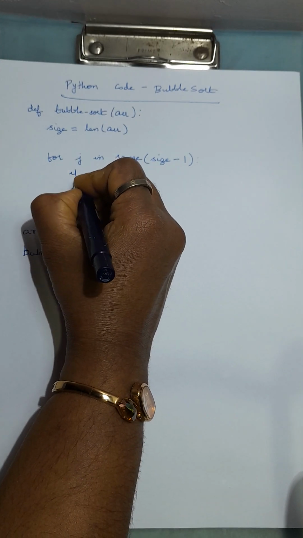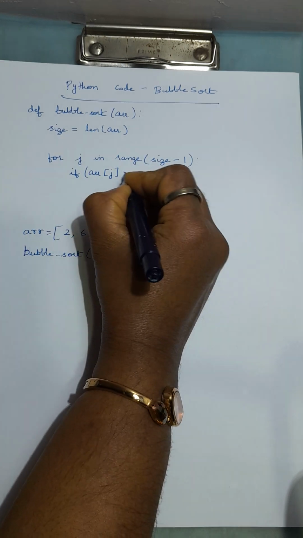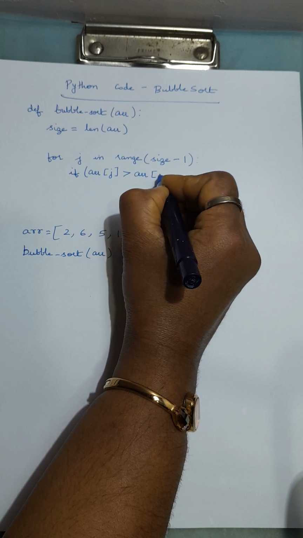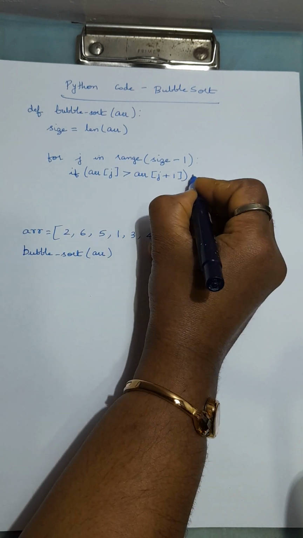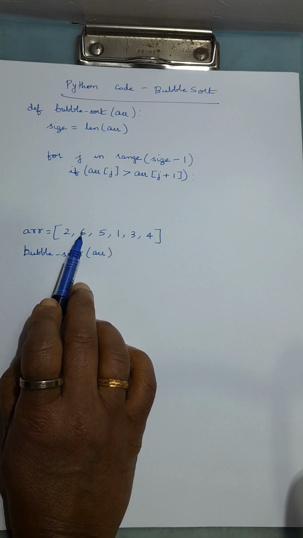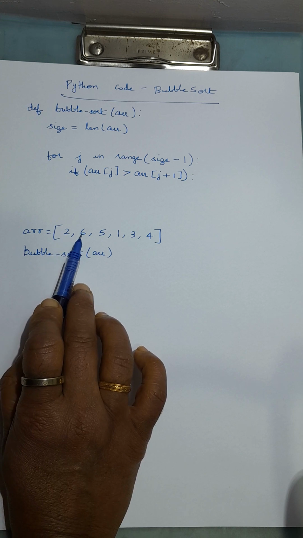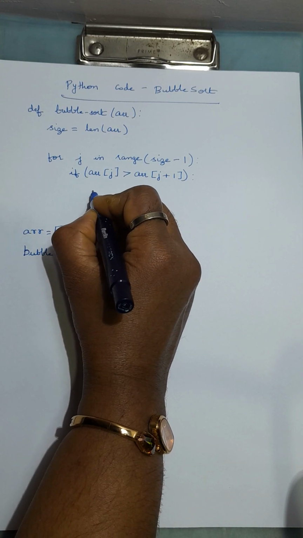I have to check if array of j is greater than array of j plus 1, right? I have to check whether array of j is greater than array of j plus 1. If it is greater, we have to swap. So what is the swapping logic? I already taught you.